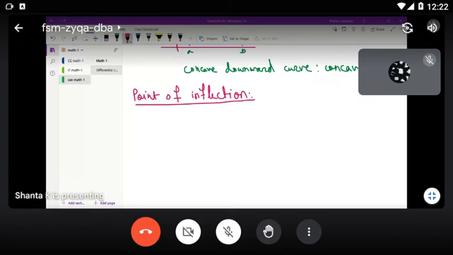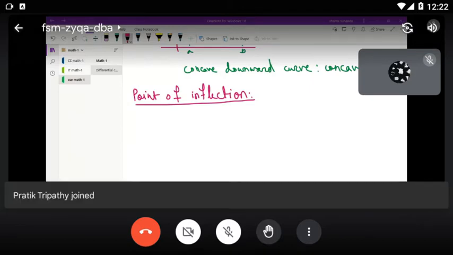Now, if you go for the concave upward, the tangent will be clockwise. So at the point of inflection, it has to cut the curve. And one another point you said about the maximum and minimum. Ma'am, have you written anything after the point of inflection heading? No. Yes, ma'am.